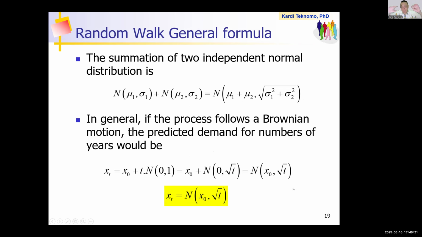That means the longer you predict, the boundary will be around square root of t. Do you get that idea or not?